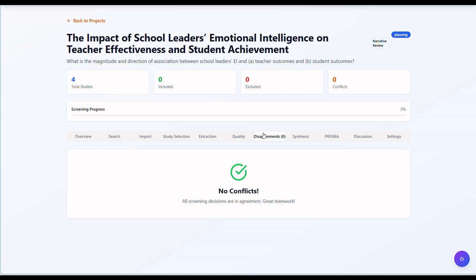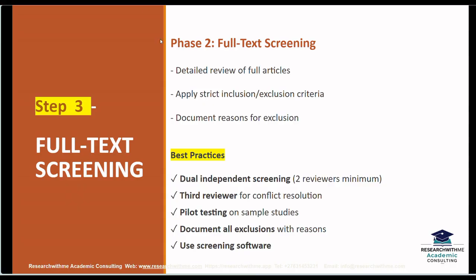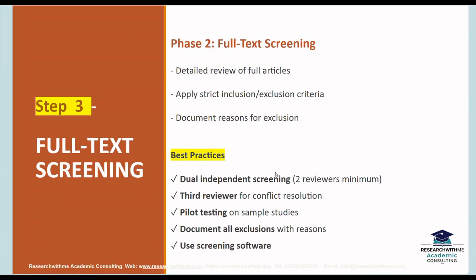It means that two reviewers cannot agree on a particular study, whether it should be added or not. That is what we mean by conflict resolution: two people should screen, and the third reviewer should resolve that conflict.